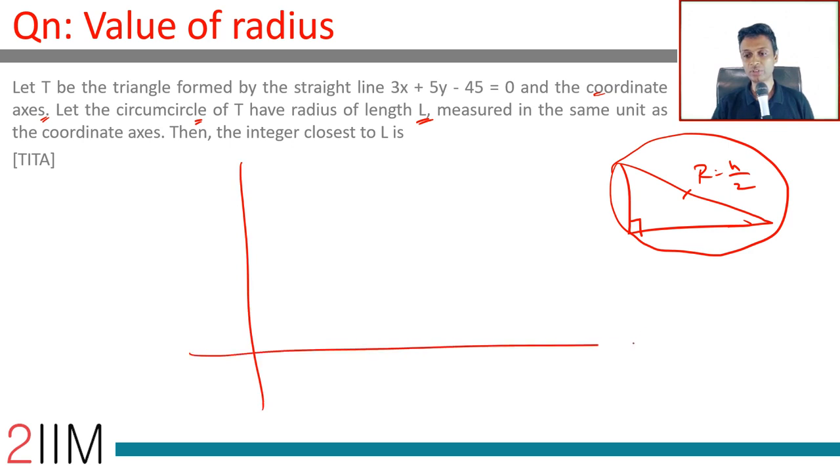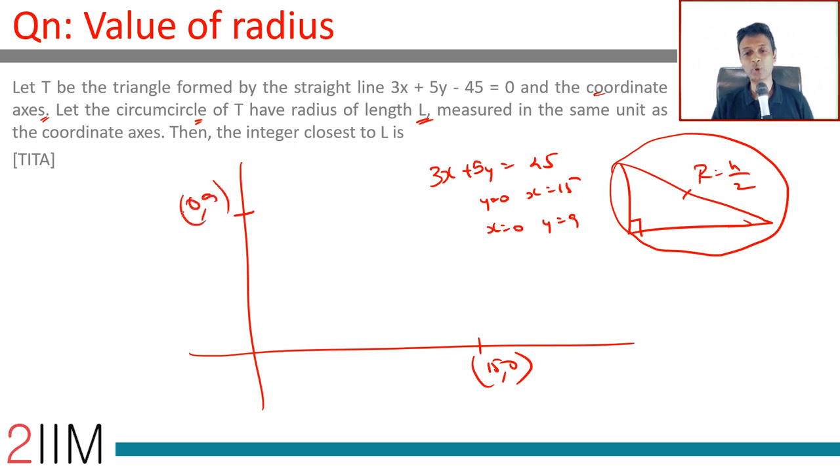So let's draw this. 3x plus 5y equals 45. You put y equal to 0, we get x is 15. So 15 comma 0 is a point on this line. You put x equal to 0, you get y is 9. 0 comma 9 is a point on this line, so we have a line like this.